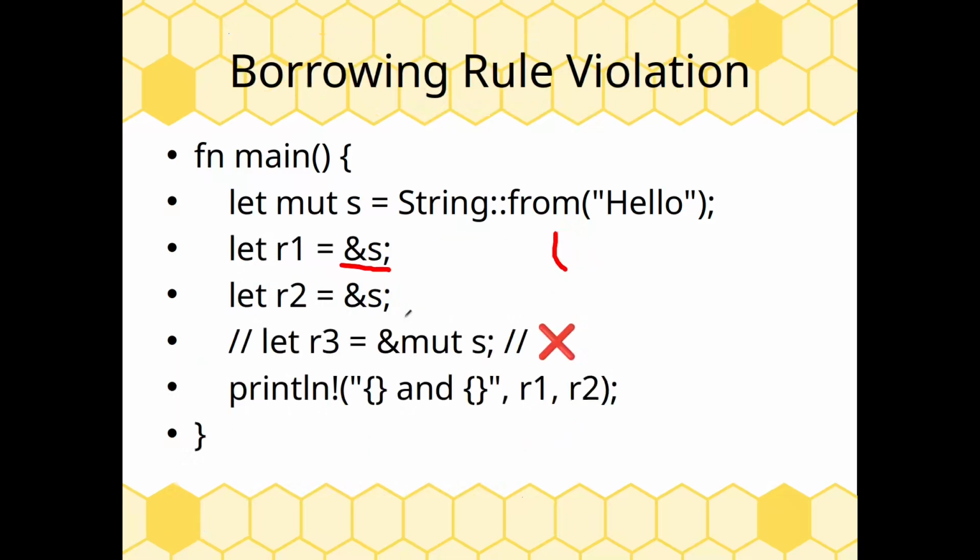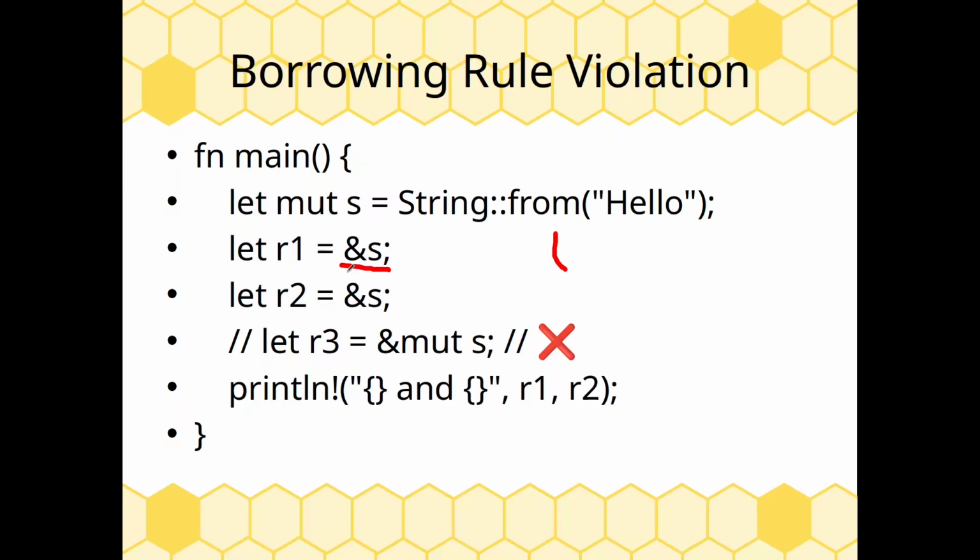In this, there is a violation of mutable and immutable borrowing. So once you have declared mutable borrowing, you cannot declare immutable borrowing. That means if you are giving borrowing to any variable, it has to be either mutable or immutable. If you are giving it as mutable, you can't give it to multiple variables because it can cause data race conditions.